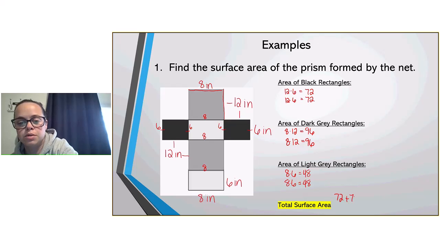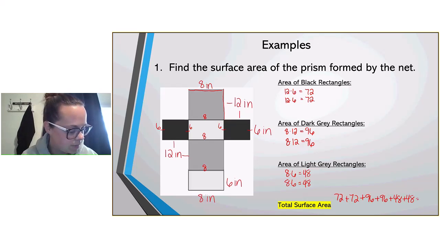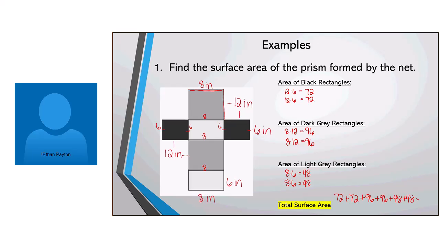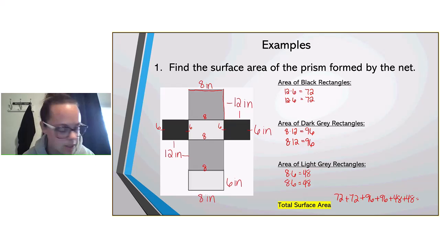72 plus 72 plus 96 plus 96 plus 48 plus 48. And now when we add all of that up, I'm going to grab my calculator. 360. Ooh, somebody beat me to it. Nope, not 360.